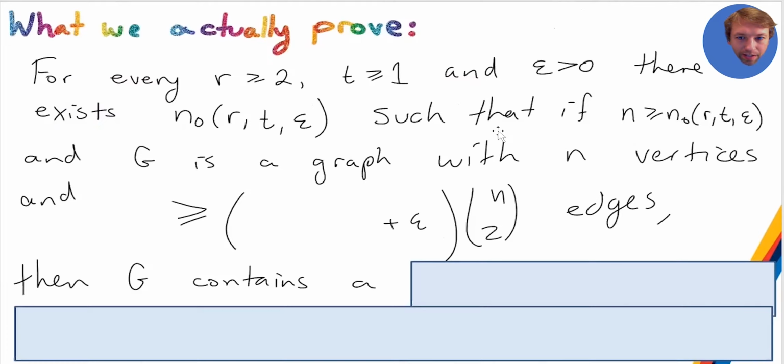Hopefully this statement will make it clearer, although it's a fairly complicated statement. So what we're actually going to prove is that for every R at least 2, every t at least 1, and every positive epsilon, there exists some n naught that depends on these three numbers, R, t and epsilon.